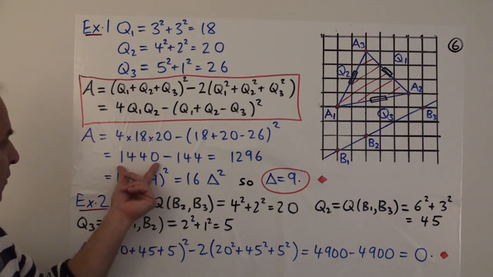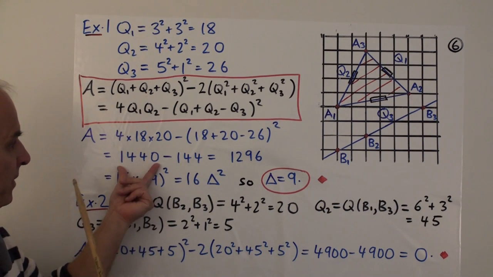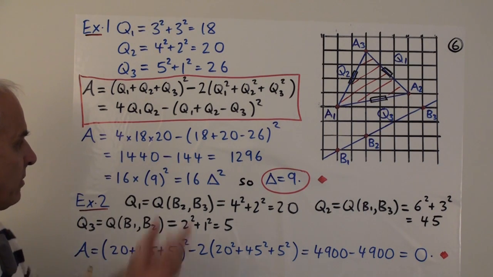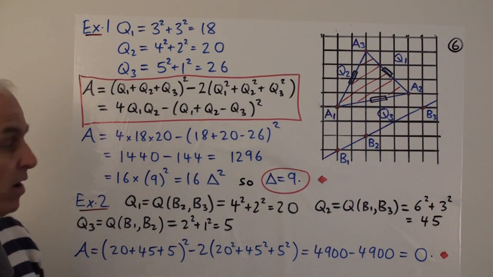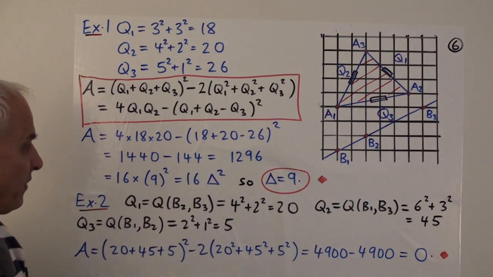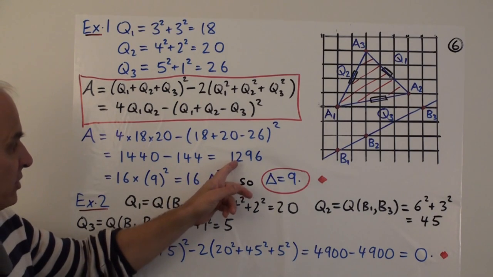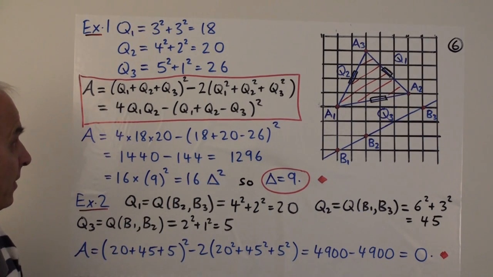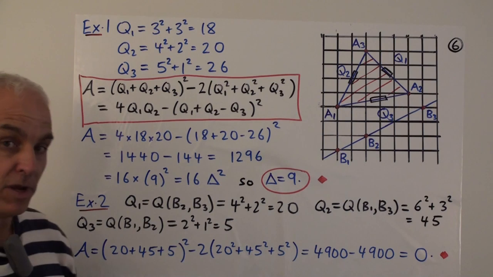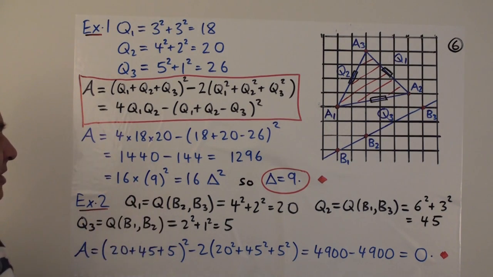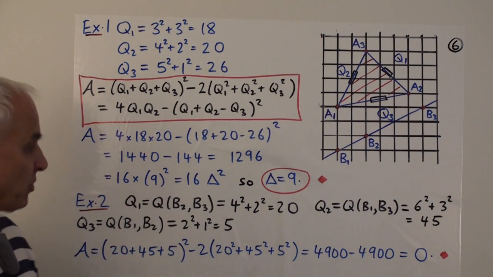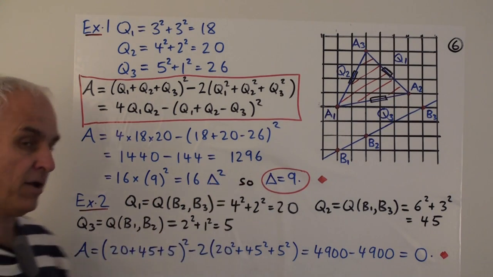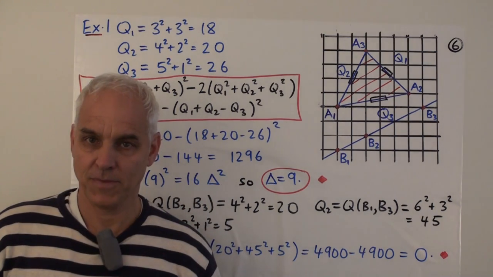So we get 1,440 for this product, and minus, well, what is this? This is 38 minus 26, so that's 12, and 12 squared is 144, for a total of 1,296. And according to our formula, that's 16 times the area squared. Well, it turns out that this is 16 times 9 squared, and so the area of the triangle is 9.